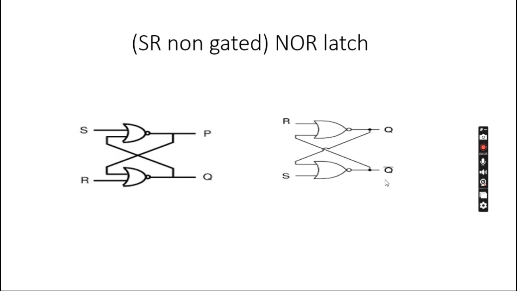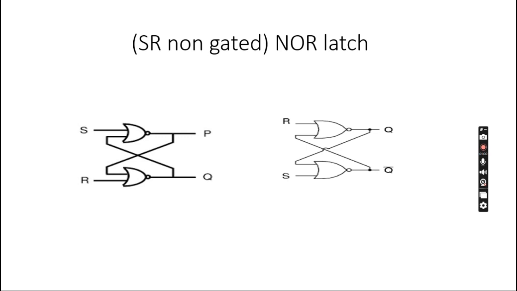That we have to observe. Some people assume these inputs as SR or XY also, and outputs as Q bar, or we can name some other names also. Here I named as Q1 P. This P is nothing but Q bar here. Okay. So these are the constructional details.